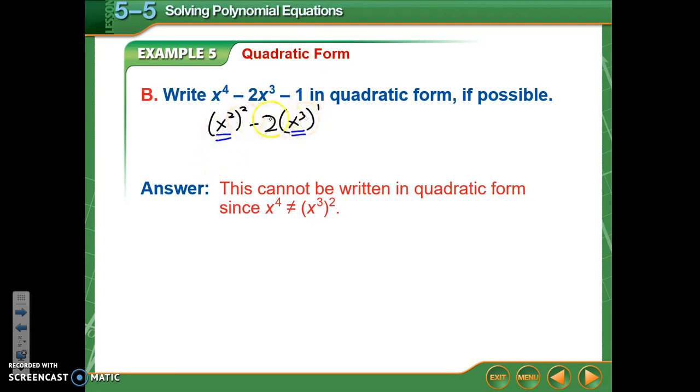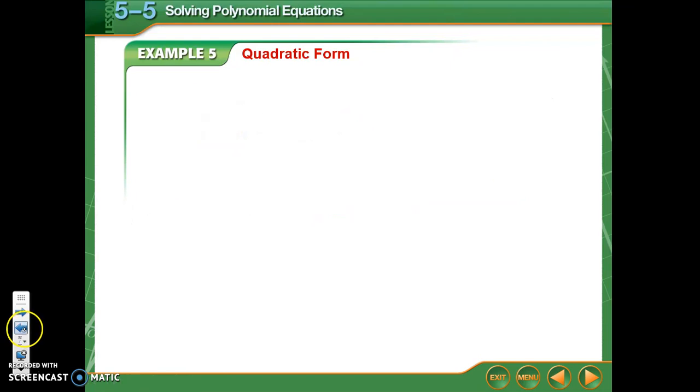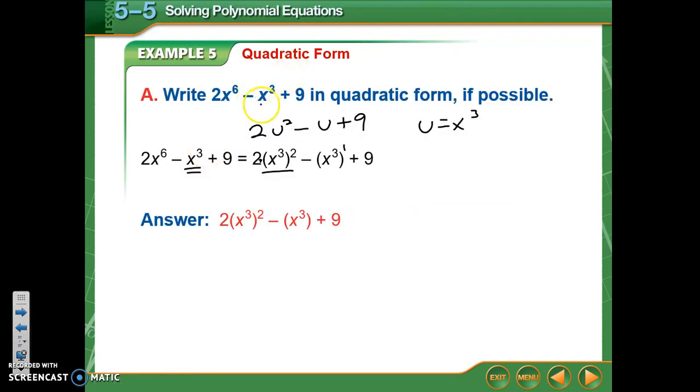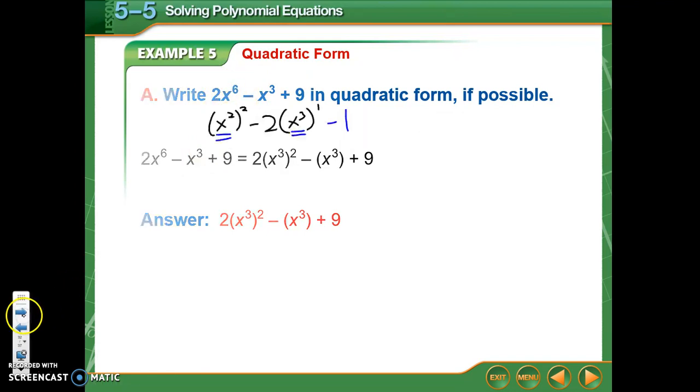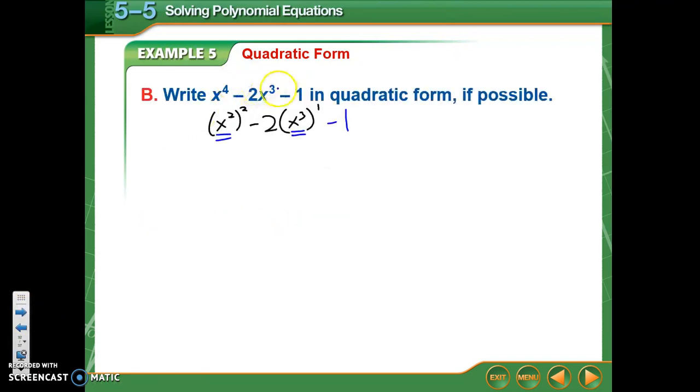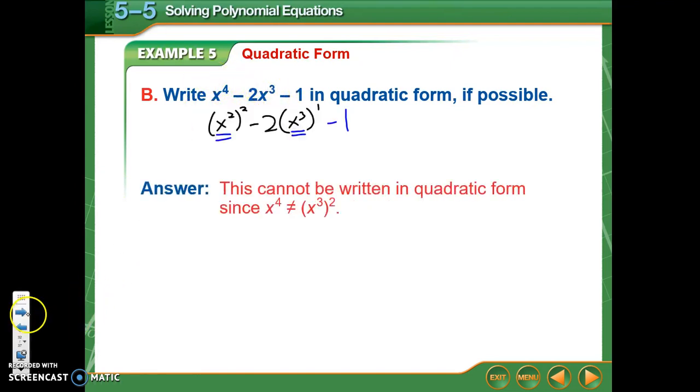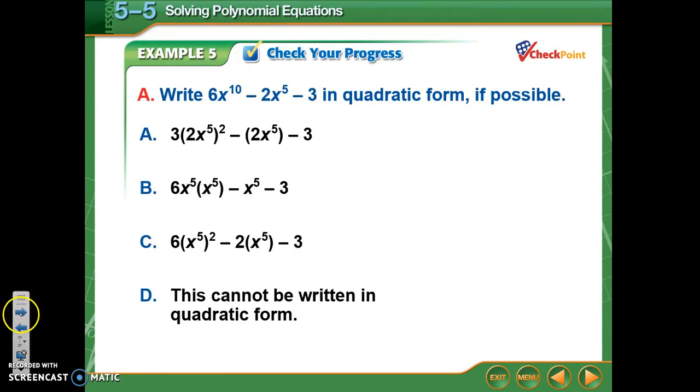Whatever my expression is in my middle term, x cubed, when I square it, it would have to give me my first term, x to the fourth. Just like when we looked at the previous example, x cubed squared is x to the sixth. So that works for quadratic form. In this case, x cubed squared would be x to the sixth, not x to the fourth. So this cannot be written in quadratic form. Okay, so you guys try this one.